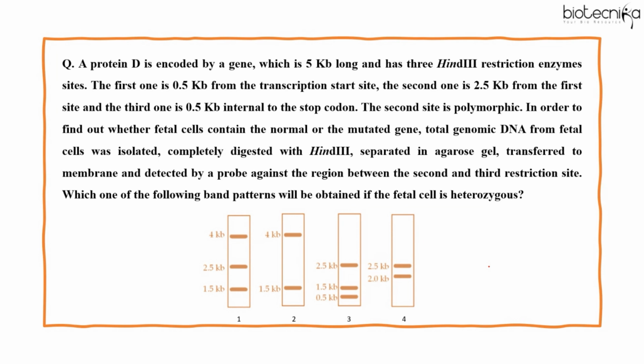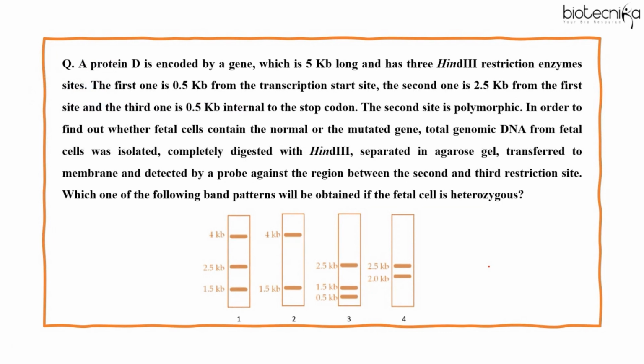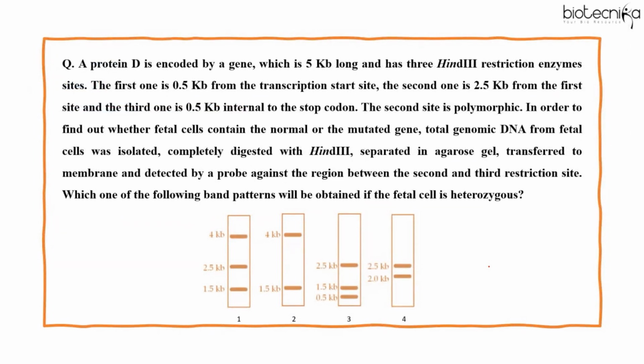So let's see, based on information given to us. The gene is 5 kb long, right? So there is a protein D encoded by a gene which is 5 kb long and has 3 HindIII restriction sites. So the first is 0.5 kb.